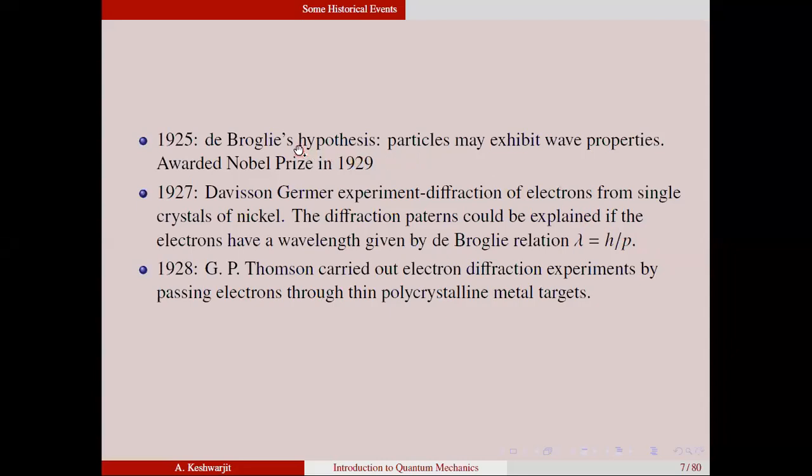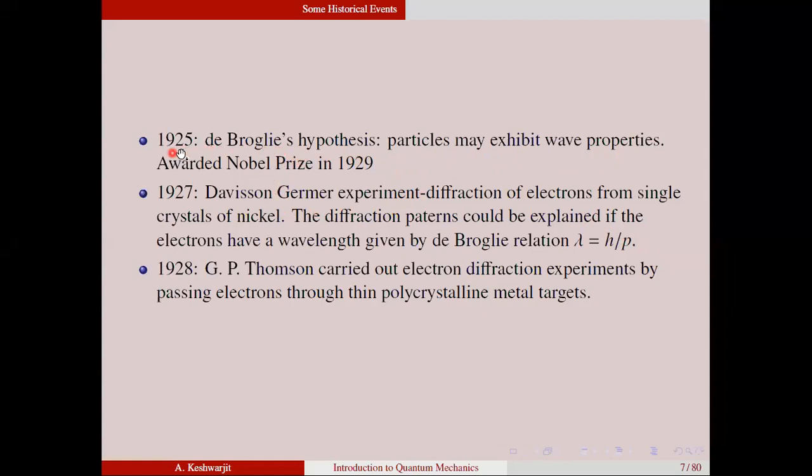So according to de Broglie's hypothesis, particles may exhibit wave properties. And from the earlier works of Einstein, Max Planck and Compton, we know that light, that is electromagnetic waves, also exhibit particle properties.